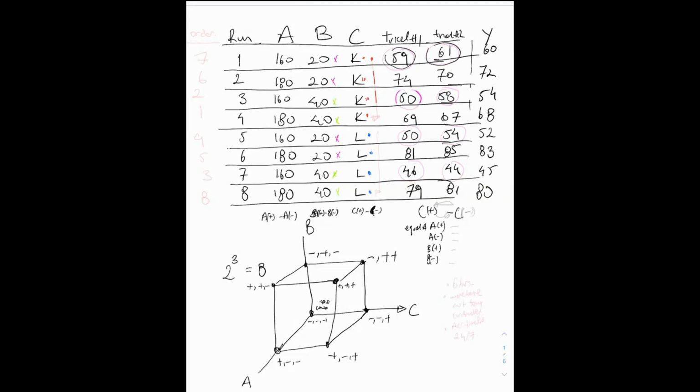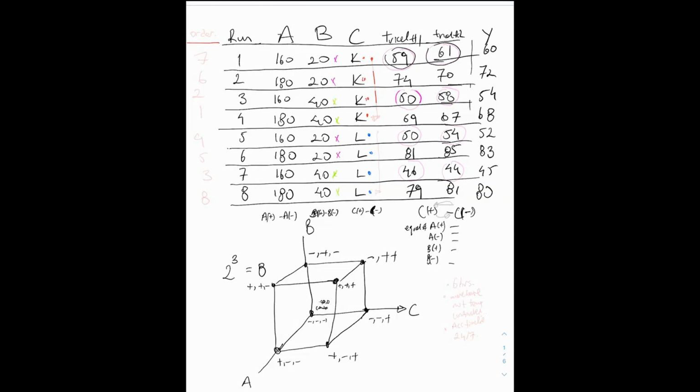And when we do C minus, I will have an equal number of A, B plus and minuses. In other words, this allows me to measure the effect of C pretty easily. However, there's a caveat here. For example, if you do this experimental order, I'm going to write this in here in red.